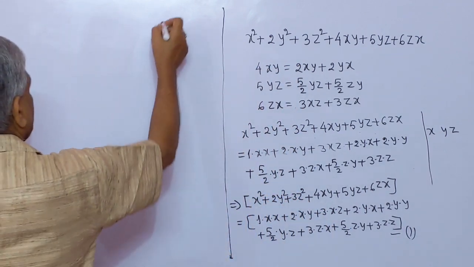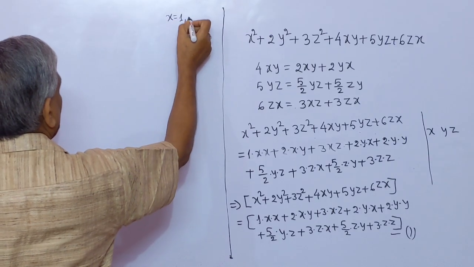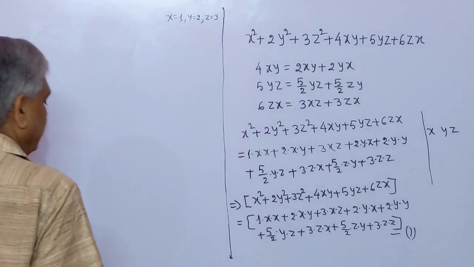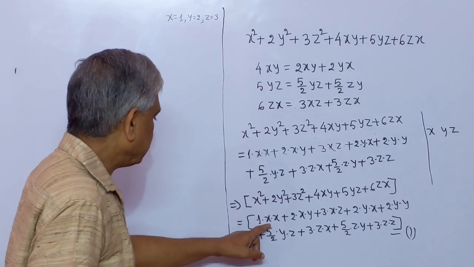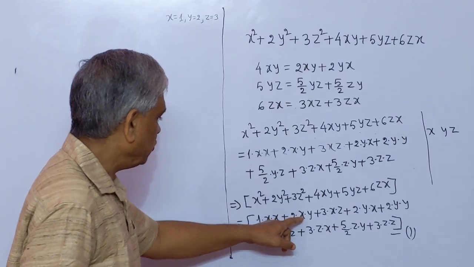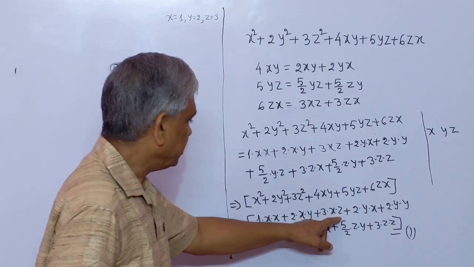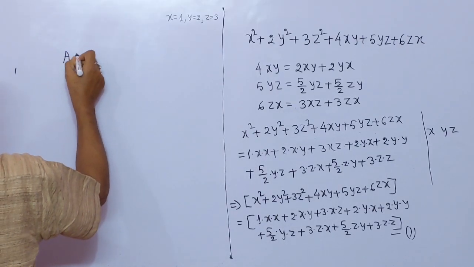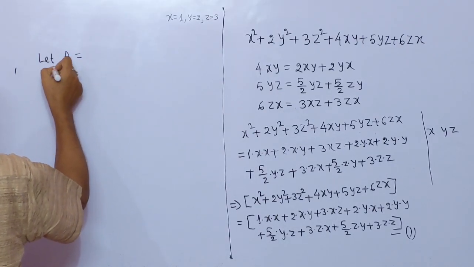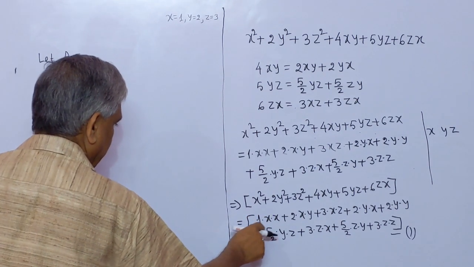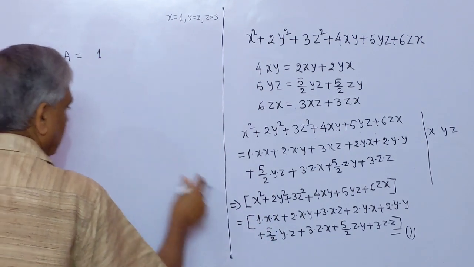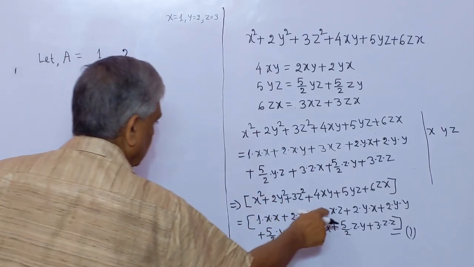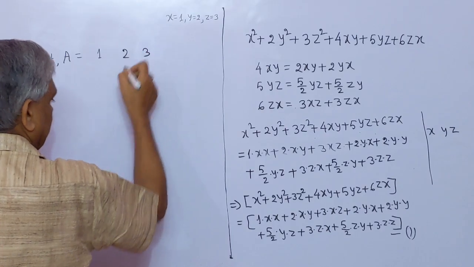Now we write x equal to 1, y equal to 2 and z equal to 3. Then here we see x equal to 1, 1, 1. Here 1, 2. Here 1, 3. So we make a matrix A. 1, 1 position, coefficient 1. 1, 2 position, coefficient 2. 1, 3 position, coefficient 3.